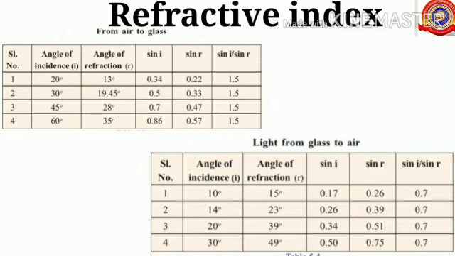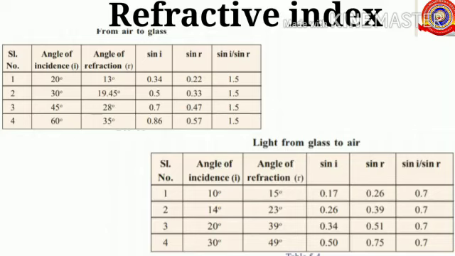And according to the angle of incidence, the angle of refraction is also different. So here the sin i, that is the incident ray, and sin r, that is the refracted ray. By dividing sin i by sin r, we will get the value as 1.5. So it is the constant value.